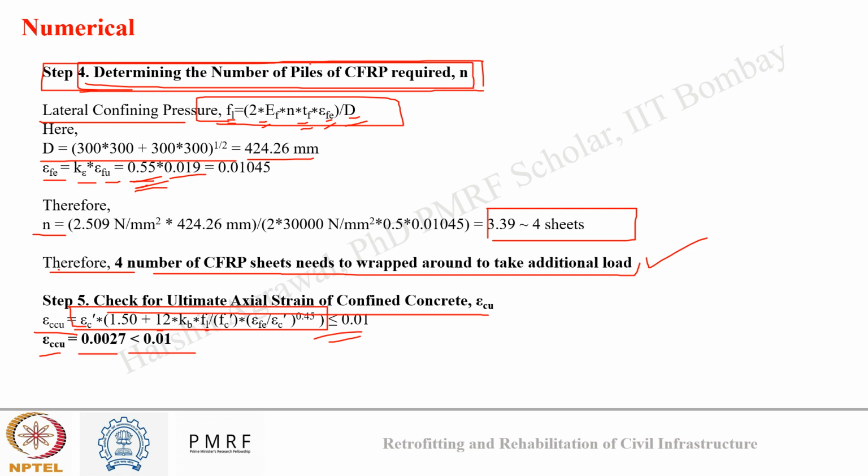CFRP plies or CFRP sheets you can write. And we need to check later on whether the ultimate strain of confined concrete is under the acceptable limit or not. Any doubt in this question, design of axial strengthening?